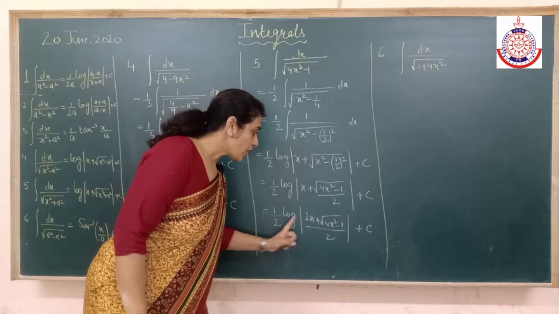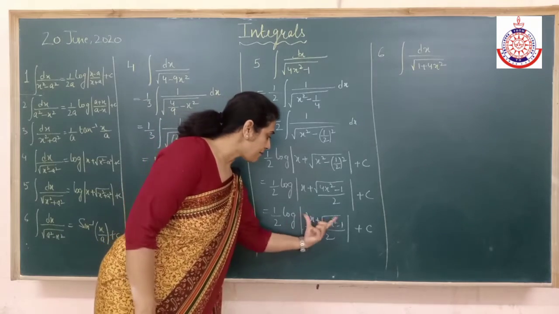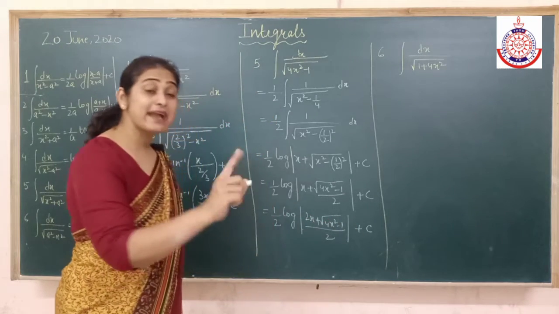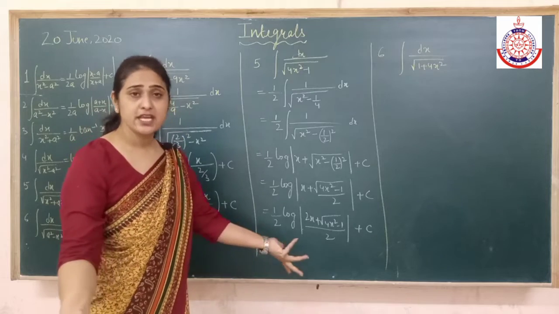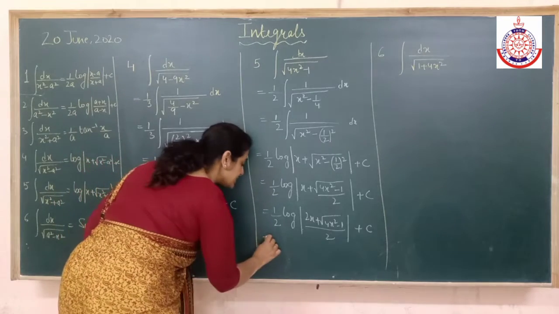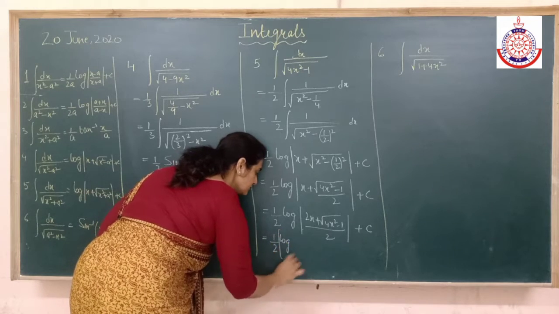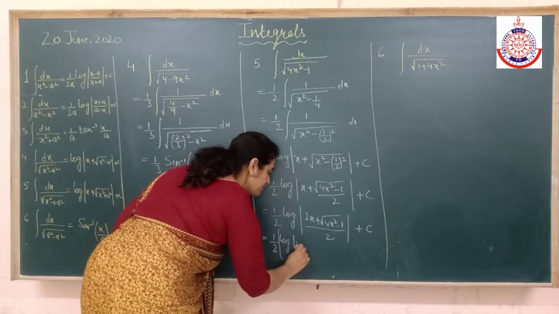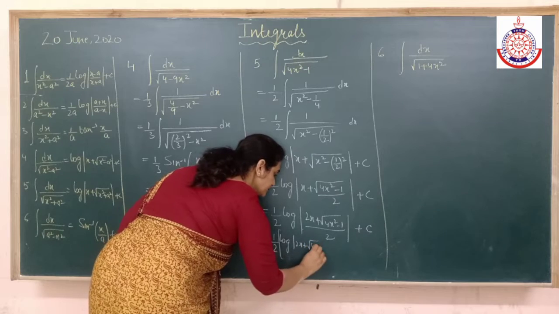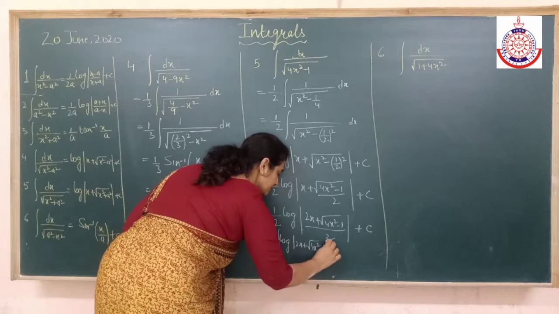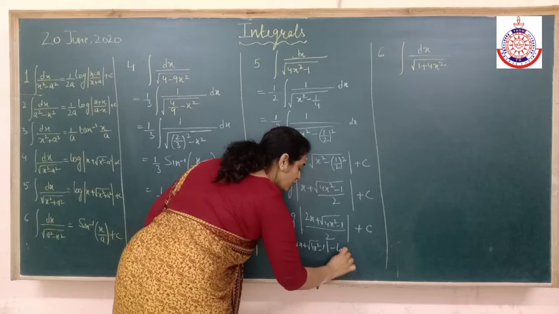Fine, one more thing can be done. If I say apply log m upon n, it becomes log m minus log n, and that minus log 2 will be a constant. That will be adjusted. Like this, if further we want to go, log m minus log n.